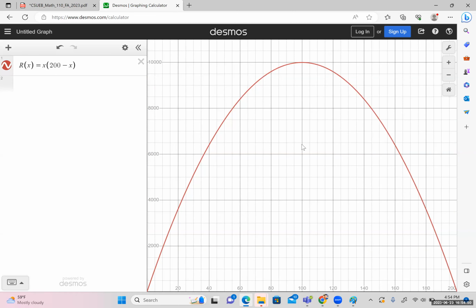Okay, you can find some values such as at 50. It's not easy to see, but another way you can do R of 50, and you get 7,500.